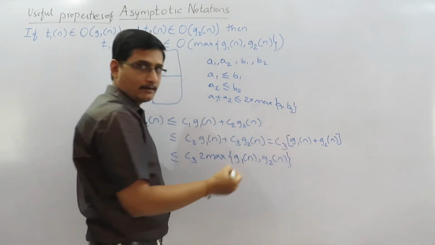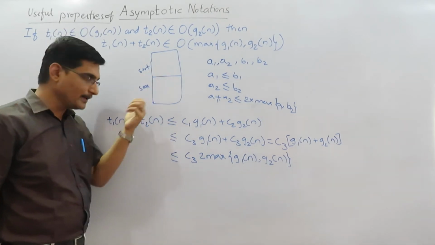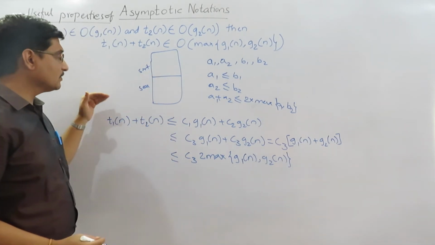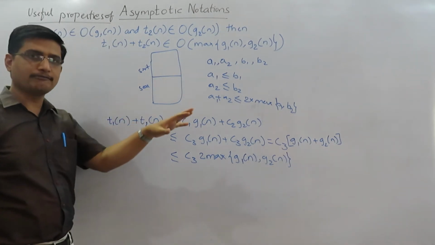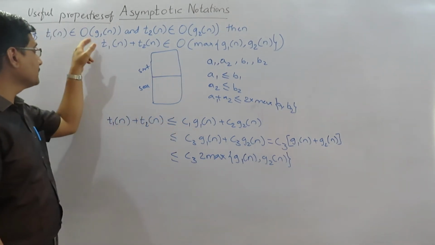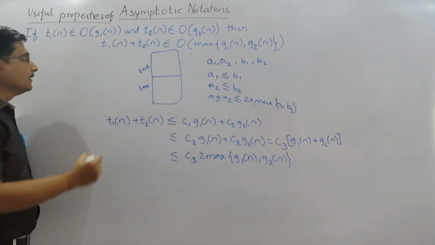This is obvious, right? Similarly, we can apply this theorem and prove this. This theorem also applies for omega as well as theta. If we replace this big O by theta or omega, that will also work.